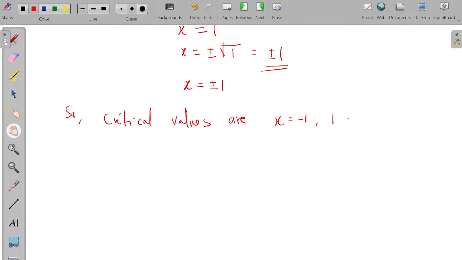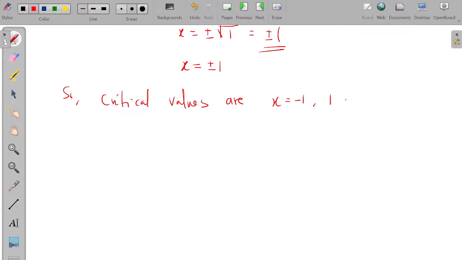We use that to make our intervals. So we are going to have negative infinity to negative 1, then negative 1 to 1, then 1 to positive infinity.